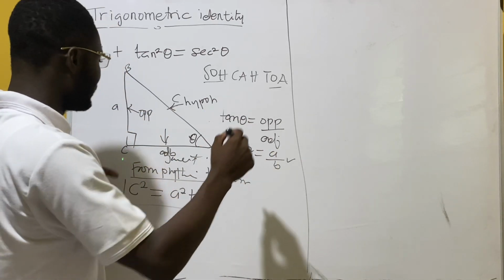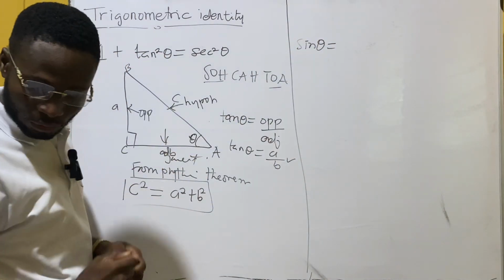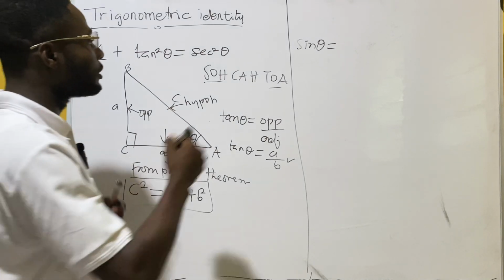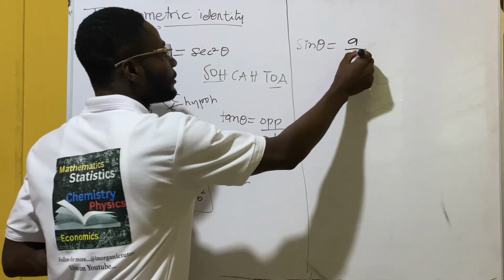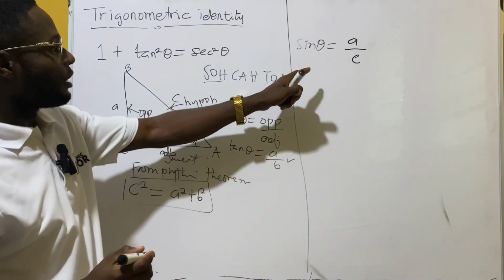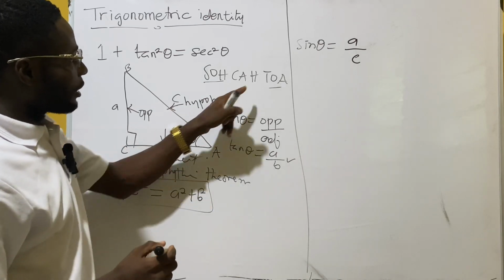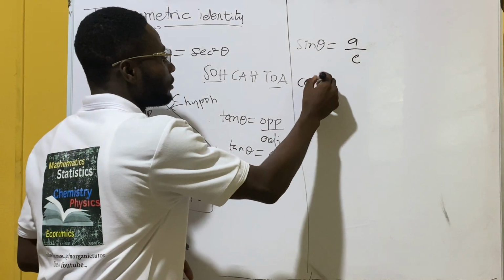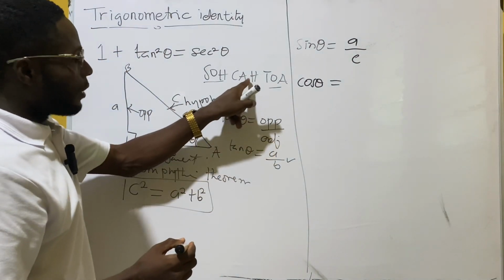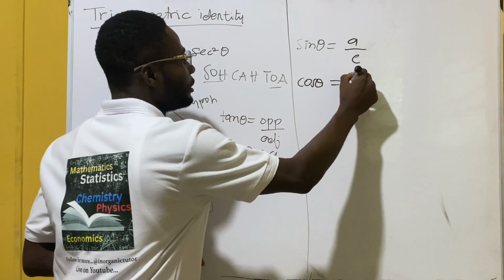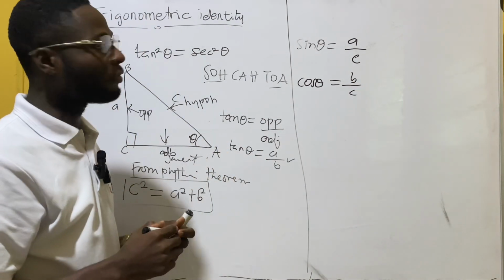From the diagram, sine theta will be equal to opposite over hypotenuse, and that is A over C. As well, we know that CAH, which is cos theta, equals adjacent, which is B, over hypotenuse, which is C, right? So we have this information.